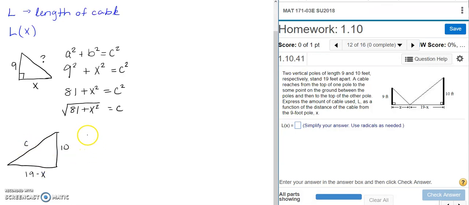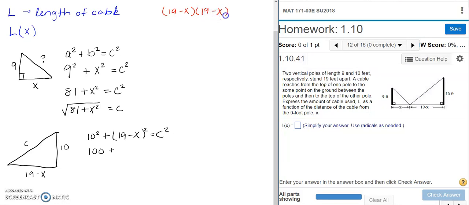Okay, but same concept. I have 10 squared plus 19 minus x squared. Notice how my parentheses are set up. So 10 squared is 100 plus 19 minus x squared. I need to actually FOIL 19 minus x with 19 minus x.